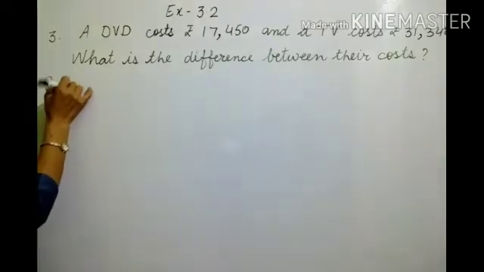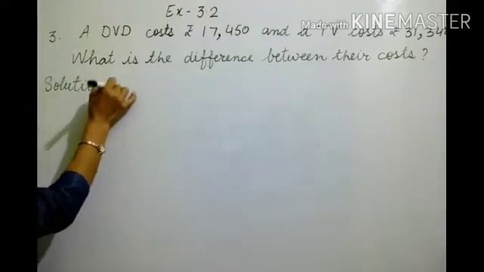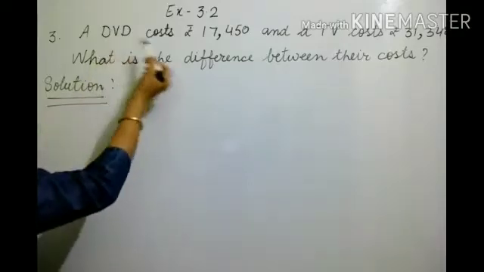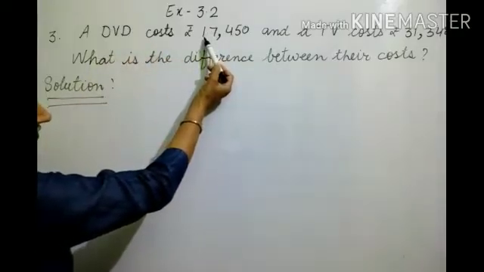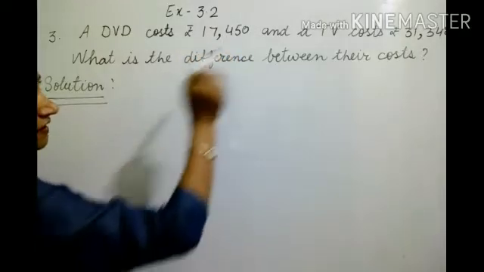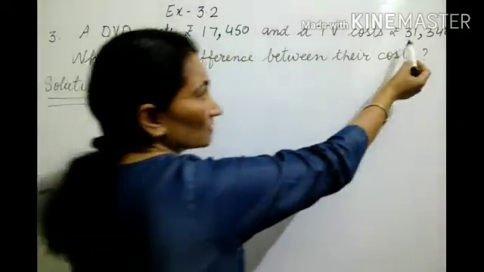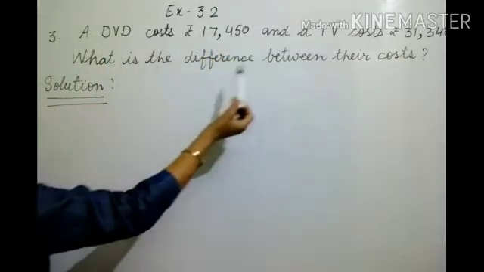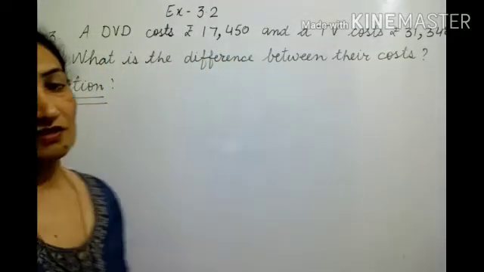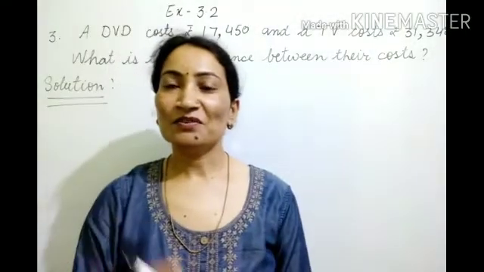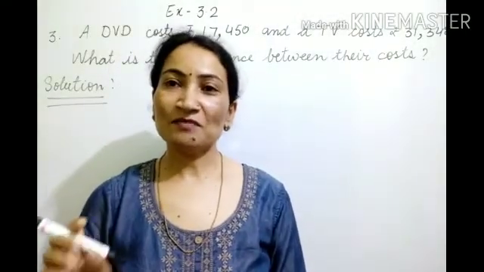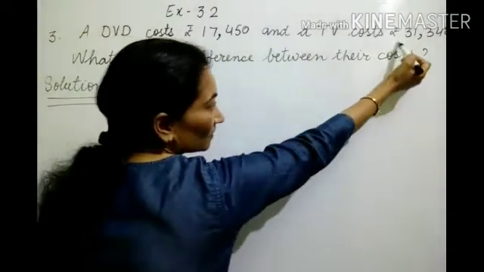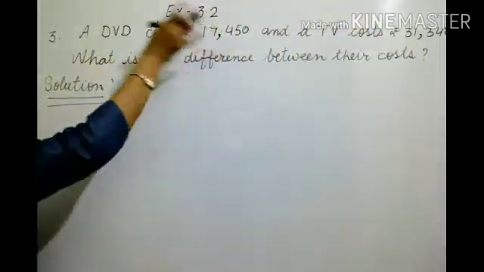Let us do the solution. First, again we will read the statement. A DVD cost 17,450 rupees and a TV cost rupees 31,348. What is the difference between their cost? Means you will find the difference by subtracting the smaller money from the bigger money.